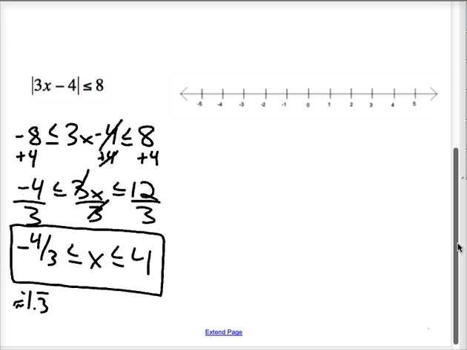Only type it into the calculator so you know where to put it on the number line. Now here we're going to be using solid circles. So negative 1.3 repeating, 4, and again, because the absolute value started as a less than, it means that we are restricted within those values.